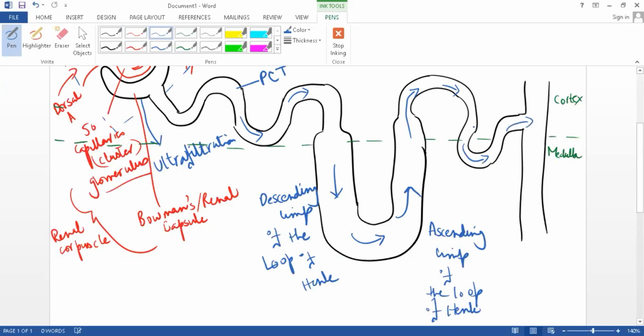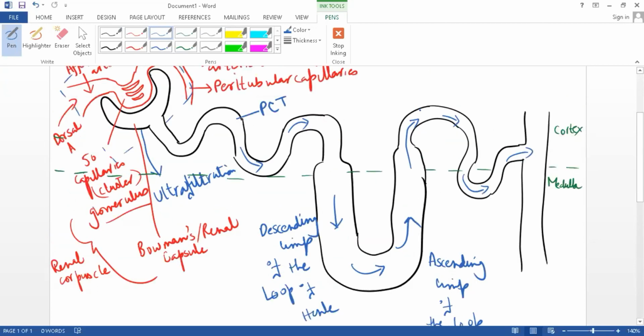And then from the ascending limb, it goes to the distal convoluted tubule, and then from the distal convoluted tubule it goes to the collecting duct, which collects urine from multiple nephrons, as I've told you in the previous class.